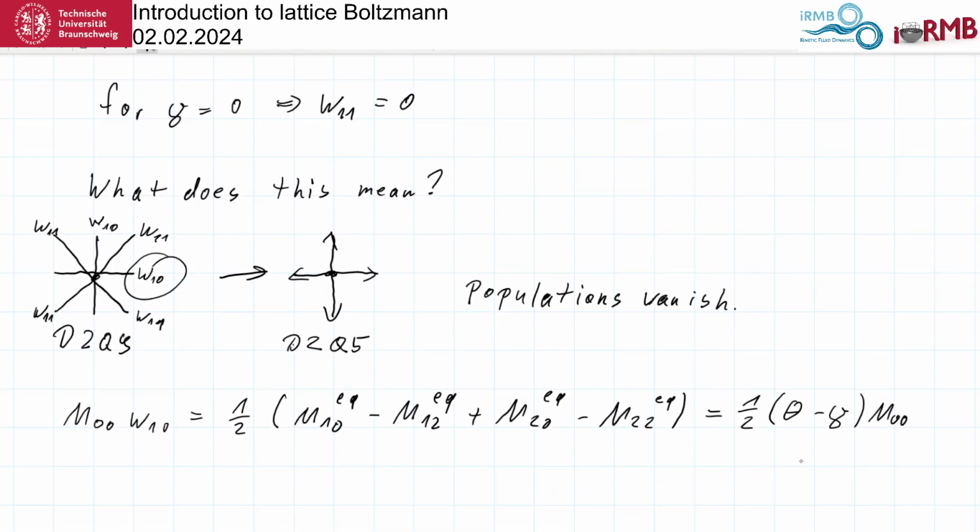Of course, W10 is the same as W01. Yes, all 1/2 (theta minus gamma).